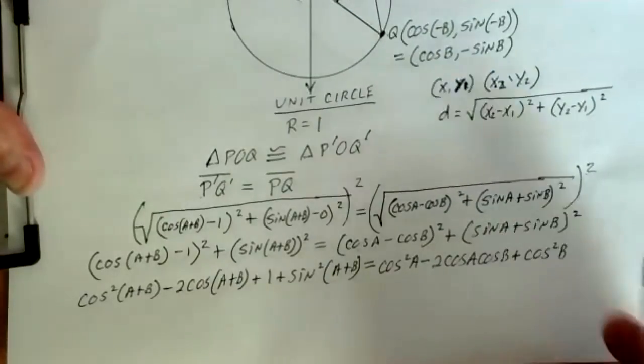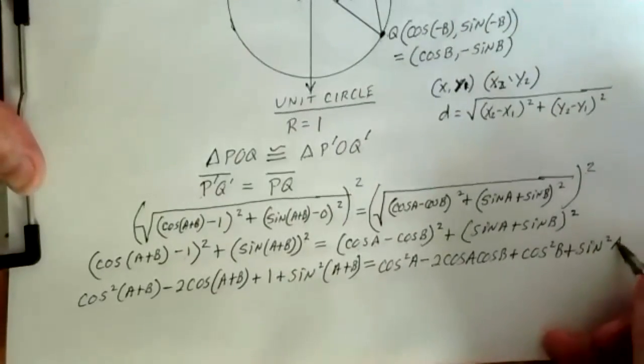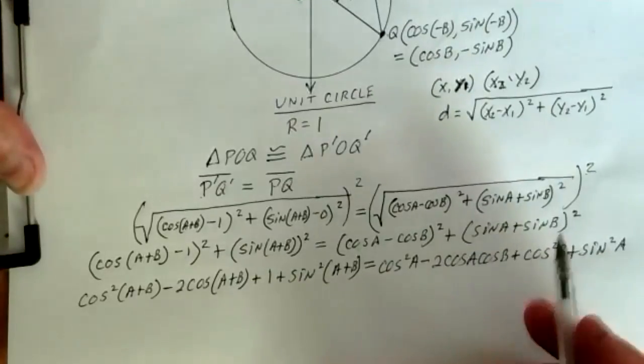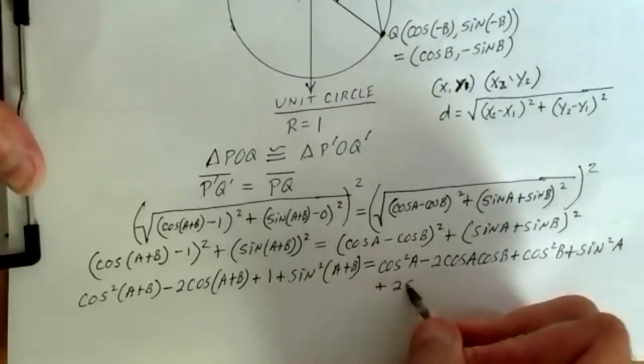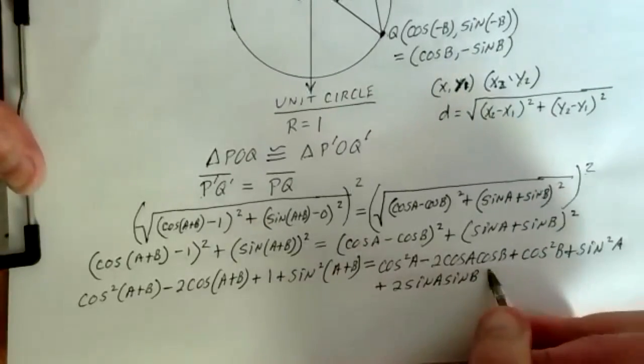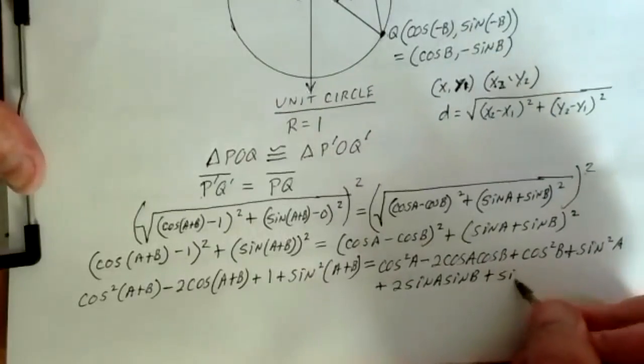So sine A times sine A would be plus a sine squared A, rather. Sine A times sine B plus another sine B times sine A would be +2 of those sine A sine B. And sine B times itself would be sine squared B.